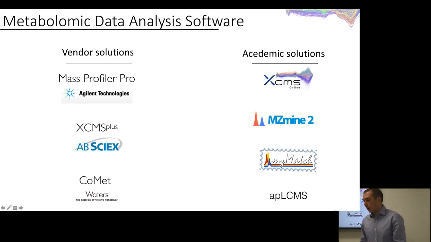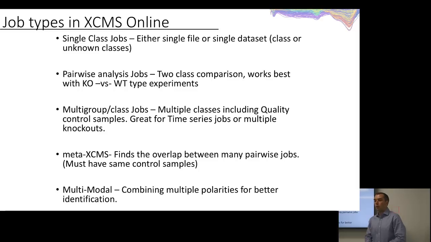So, as I say, we have different types of software out there. And in XCMS, we actually have a variety of different job types that we can start using. We do this to make things quick and easy and get you moving on the path to running your experiment as soon as you possibly can. We split these up into fairly logical settings.